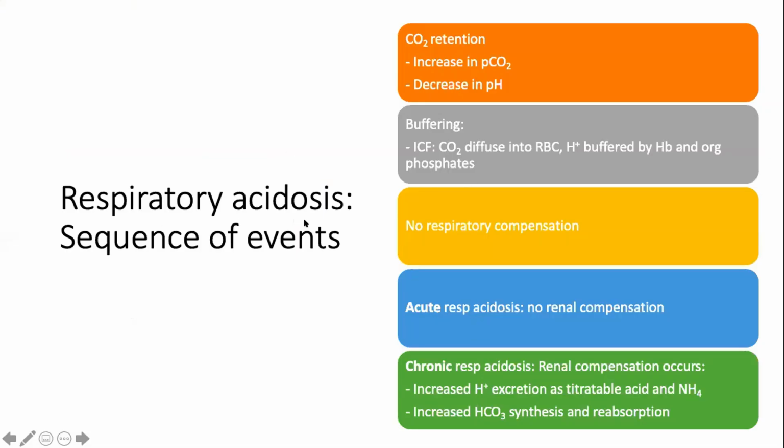What happens in respiratory acidosis is that you have the buffering, but you won't have the respiratory compensation, obviously, because this is the cause of the acidosis, right? So in acute respiratory acidosis, you won't see any renal compensation, but in chronic respiratory acidosis, you probably see the renal compensation taking place.